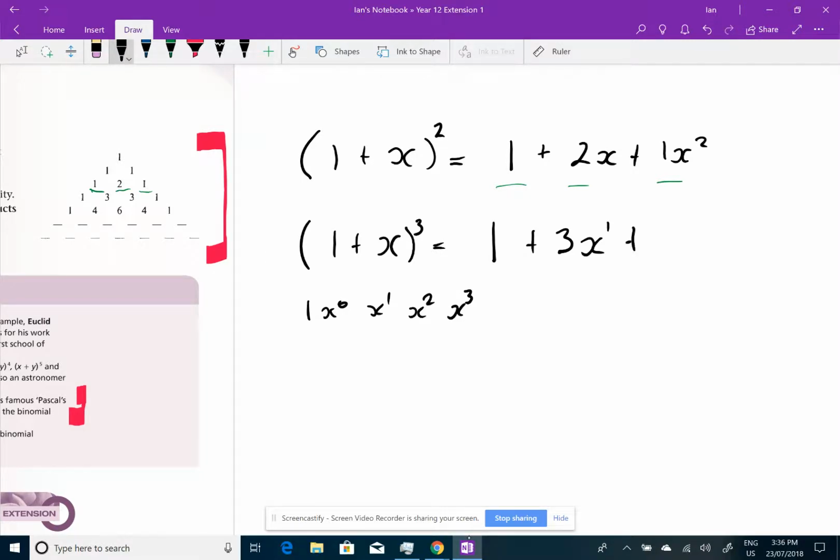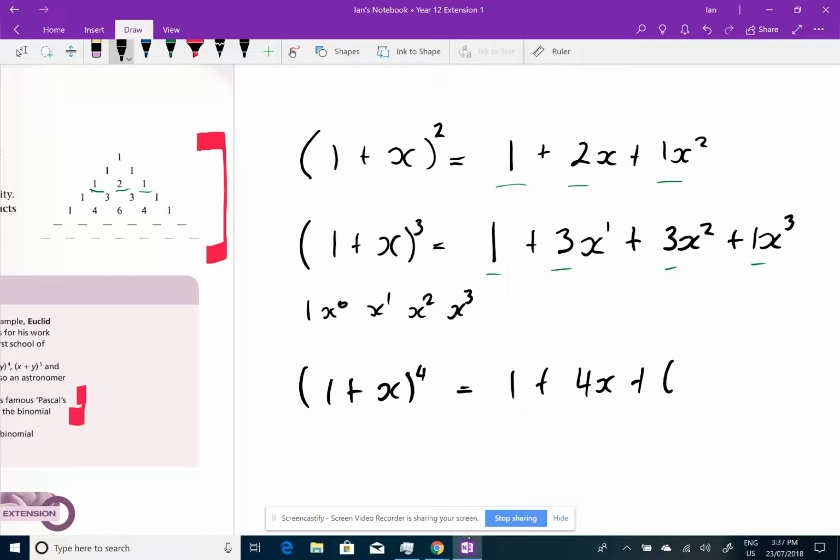Then we get another 3x squared, and then we get an x cubed, a 1x cubed. And as you can see, we get a 1, 3, 3, 1. And this goes on. You can see 4. If I did (1 plus x) to the 4, I would get 1 plus 4x plus 6x squared plus 4x cubed plus x to the 4. And that works out really well.